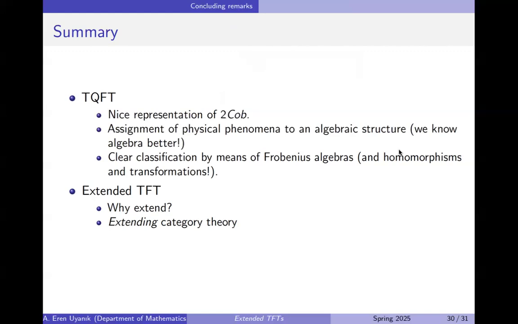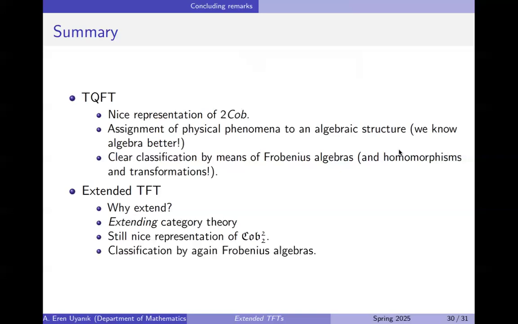Then we saw, by the example of homotopy theory, that this is not enough. We loosened some laws a bit, and we got a bicategory. And you'll see that in dimension 2, this bicategory of cobordisms still has a nice representation. And in dimension 2 again, the classification is given by some form of Frobenius algebra.